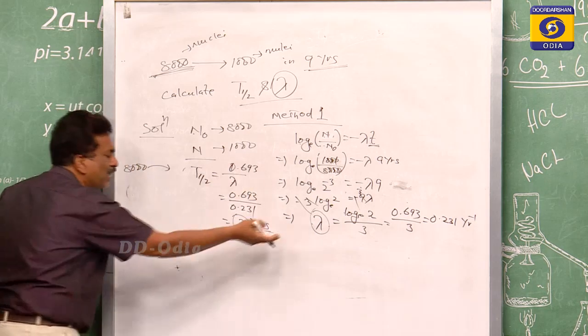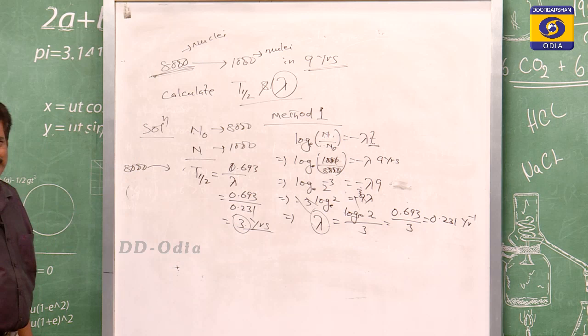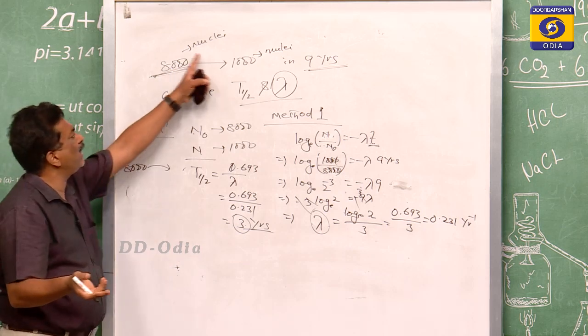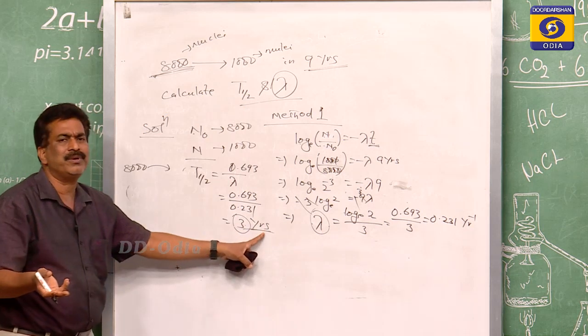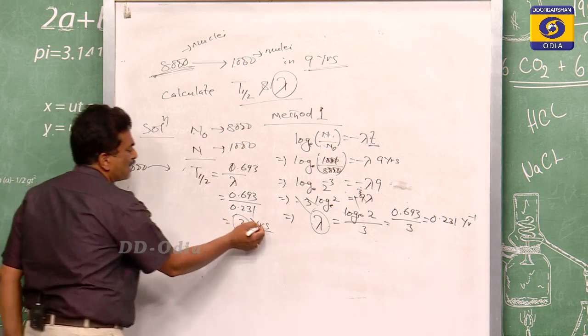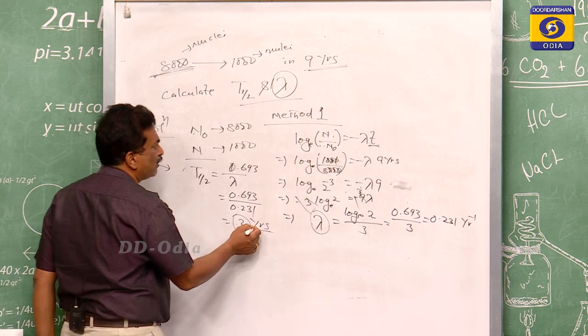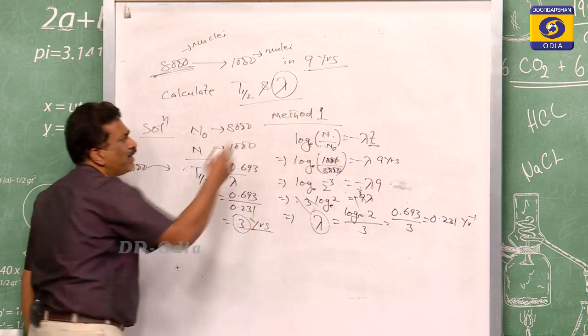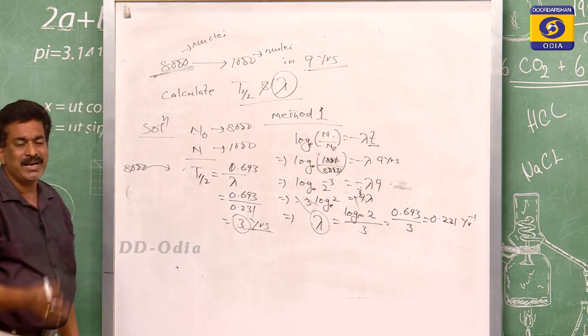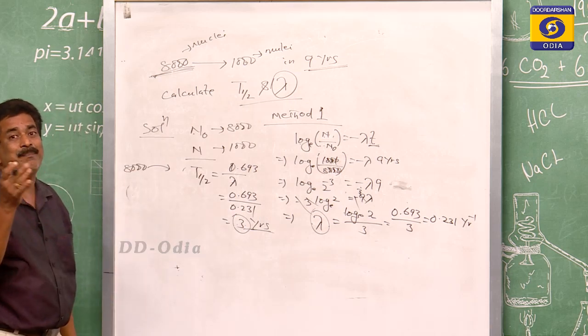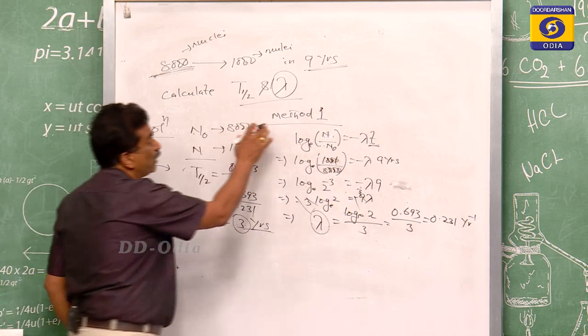Then from that to the next it will take another one. From 8000 to 1000, you see, the first half life takes 3 years, the next takes 3 years, and the next takes 3 years, so it is taking 3 half lives. So this is method 1.